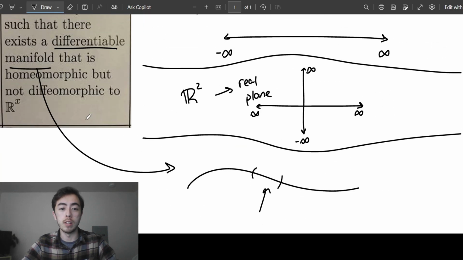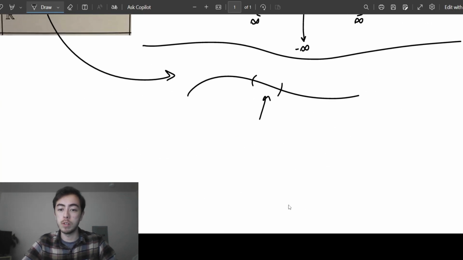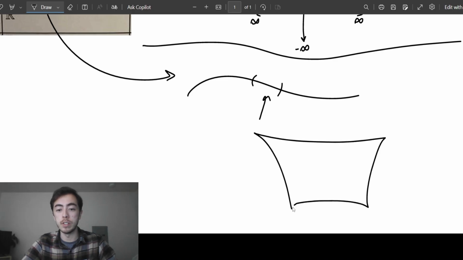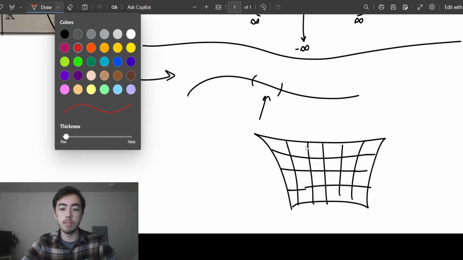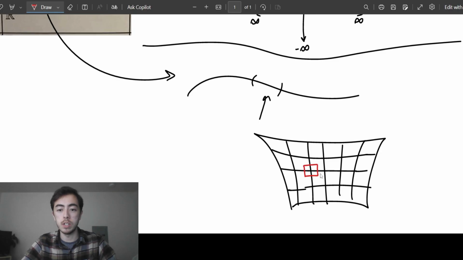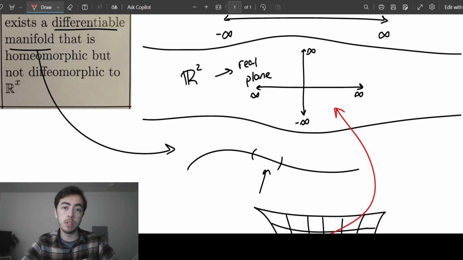And so maybe a two-dimensional manifold could be, say, just a surface like this. Maybe I'll put in some grid lines just to show that it's being warped in certain spots. But since this is on a small scale, if we zoom in to just a small picture, this is basically just doing what a normal plane would do.